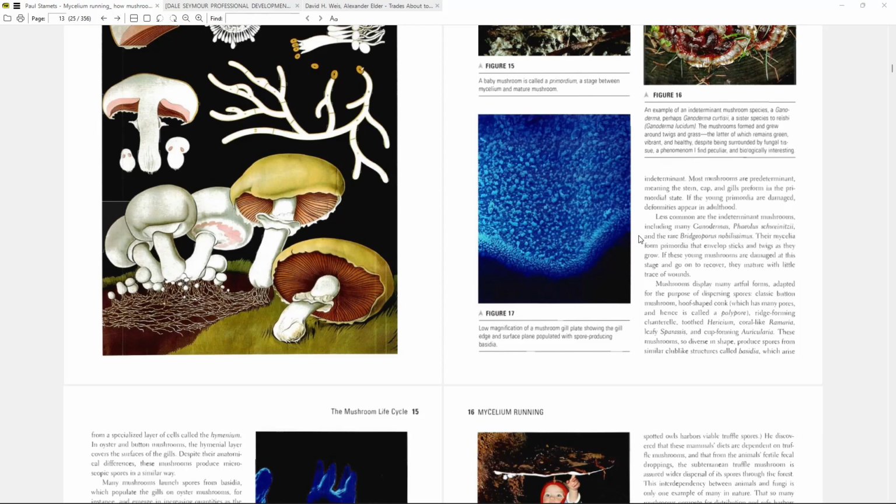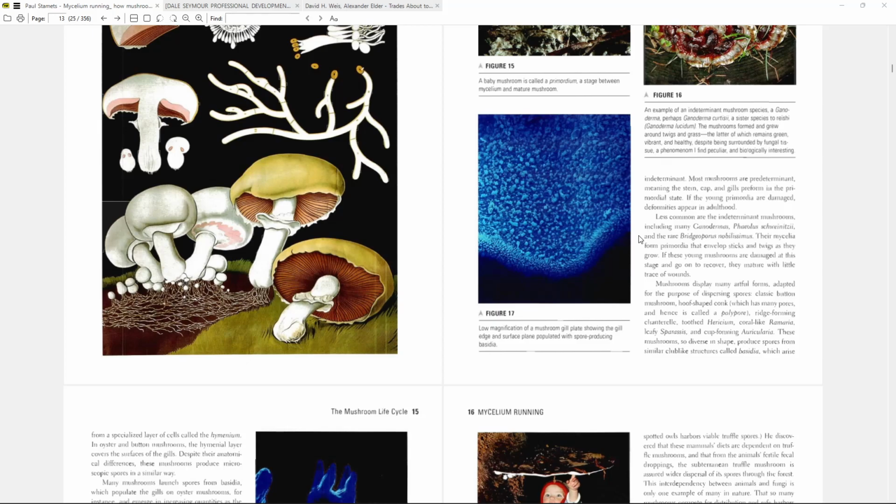Their mycelia form primordia that envelop sticks and twigs as they grow. If these young mushrooms are damaged at this stage and go on to recover, they mature with little trace of damage.